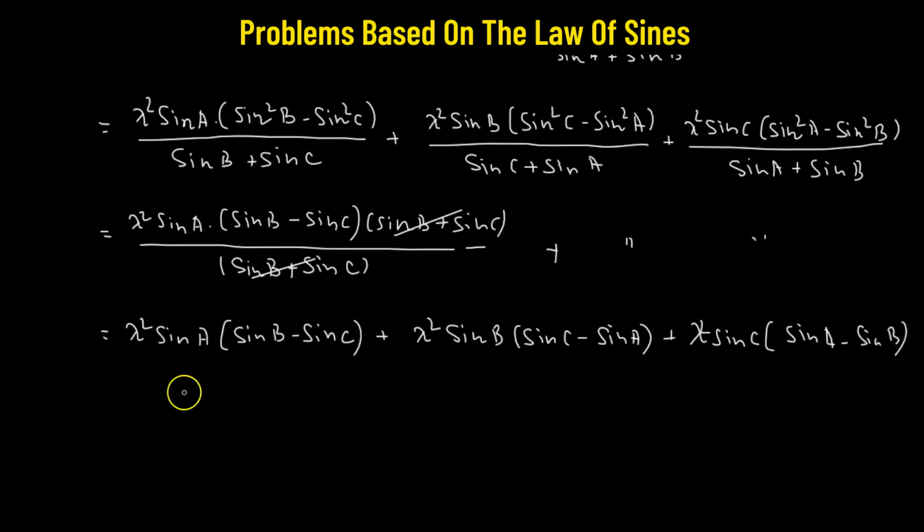Now what we'll do, we'll take lambda squared as the common factor from each of the three terms and then combine the remaining.